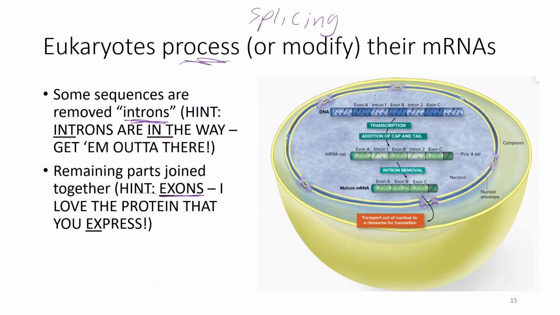So the introns are going to get taken out. The exons get expressed. So those exons stay, right? At the end, we have exon A, exon B, and exon C stuck together. Our introns are gone. Now this mRNA is ready to become a protein.